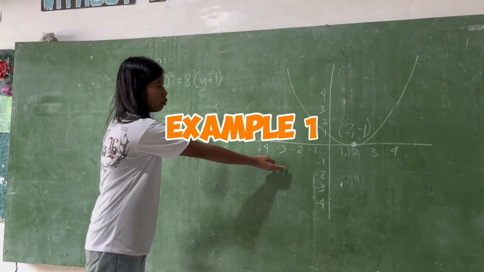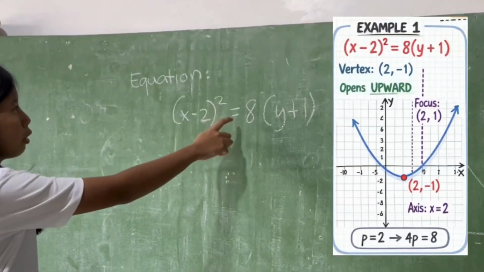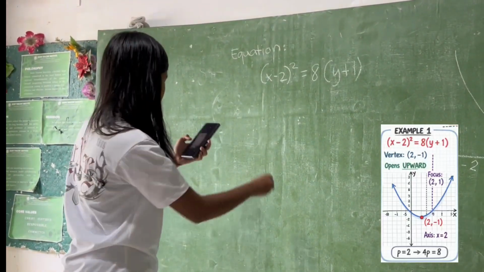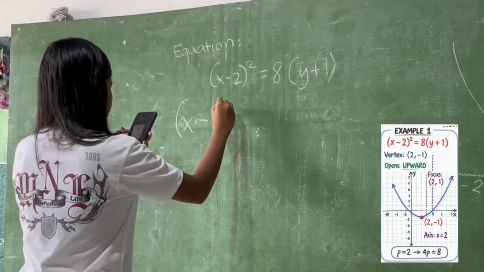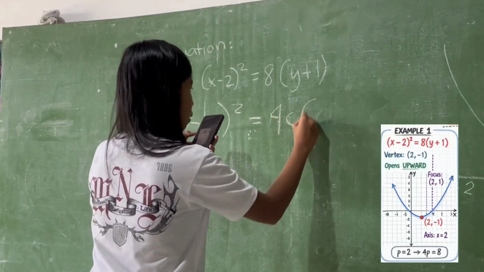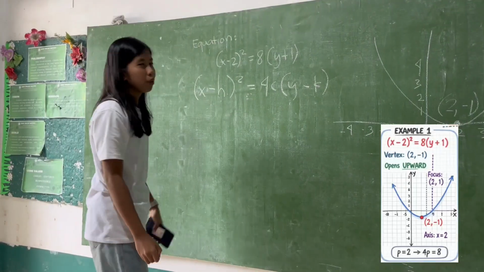So here is the example. The equation is (x minus 2) squared equals 8(y plus 1). Step 1. Compare with the standard form. Step 2.